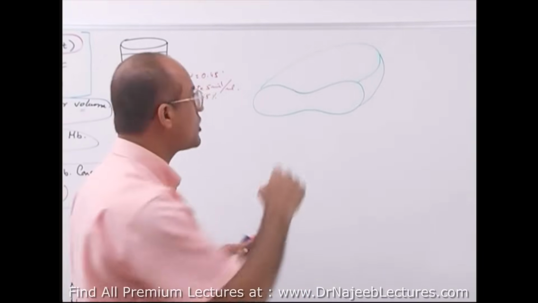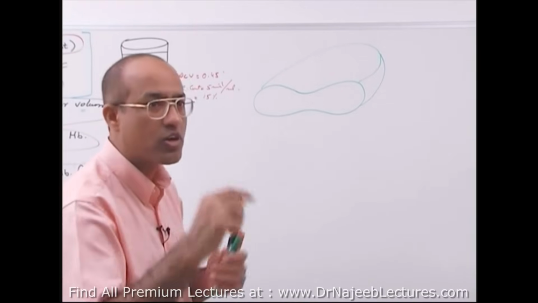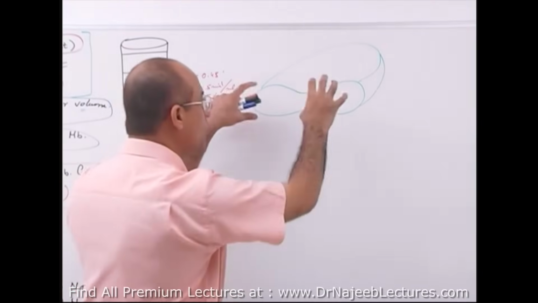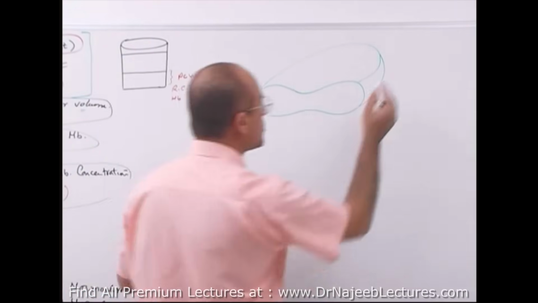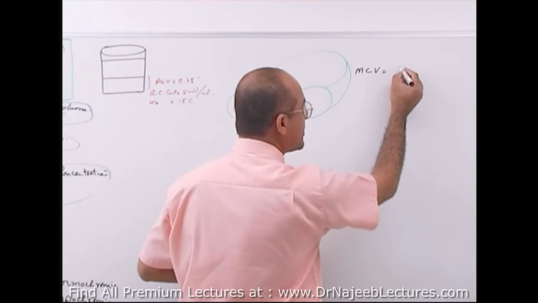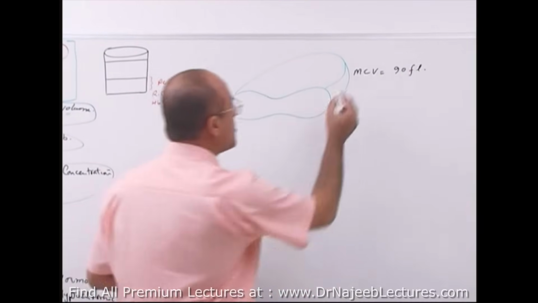Normally you know the size of the RBC is about 7.5 microns, but I'm not talking about the size of the disc of RBC. I'm talking about, first of all, the volume occupied by one RBC. Now you will tell me the values. Mean corpuscular volume, what was the normal in that person? 90 femtoliter.